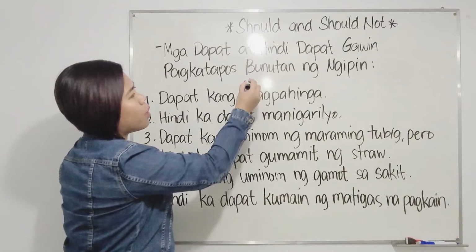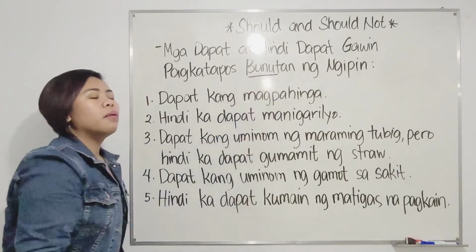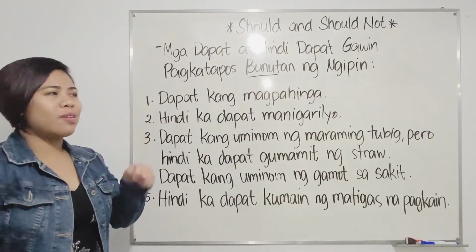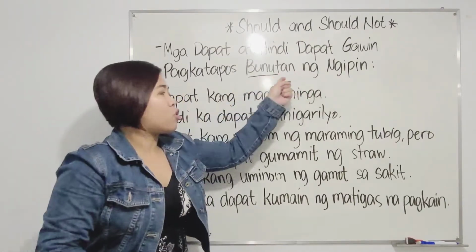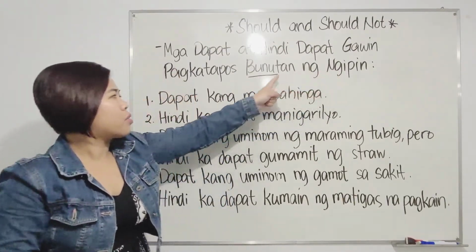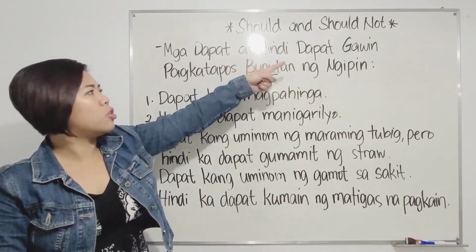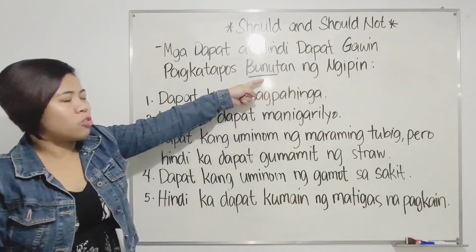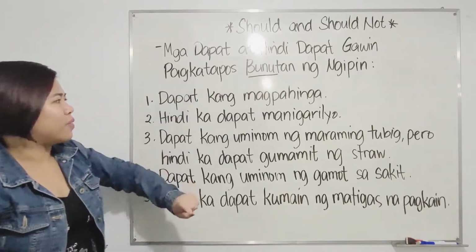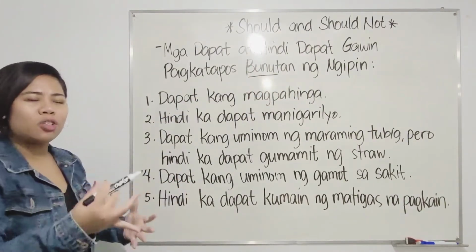Bunutan, from the word bunot. Bunot means to extract. So bunutan means extraction. So tooth extraction. Things that you should and should not do after tooth extraction. Okay, so these are the things that you should and should not do.